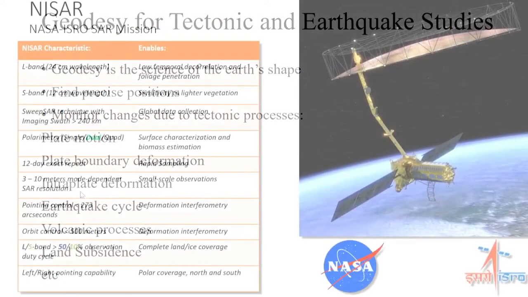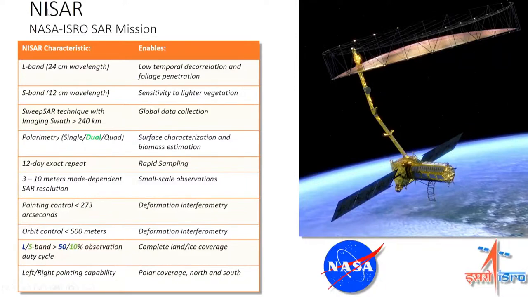I will touch on some portions of this major objective, tectonic processes. As NISAR is going to launch early next year, it will bring another revolution to the geodynamic society as well as to disaster management, because this mission involves two-band microwave signals, L band and S band.